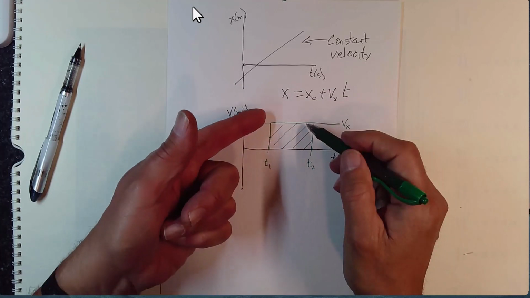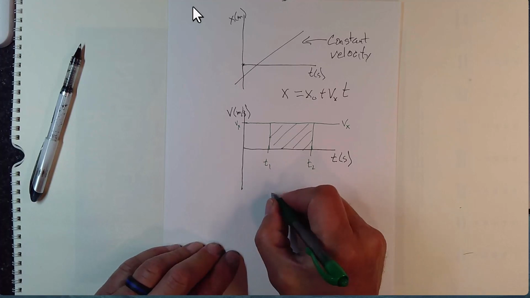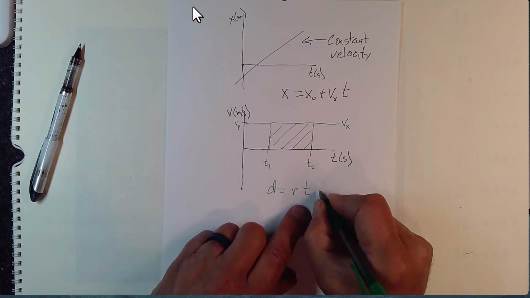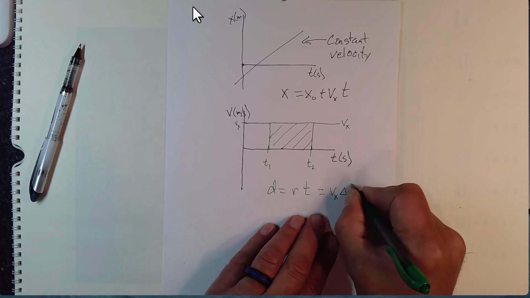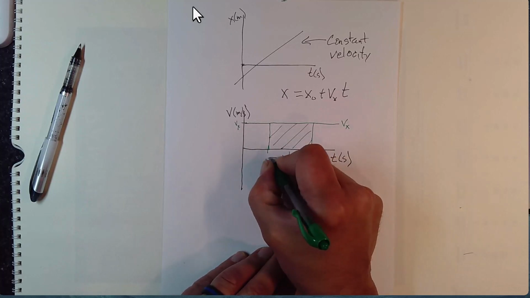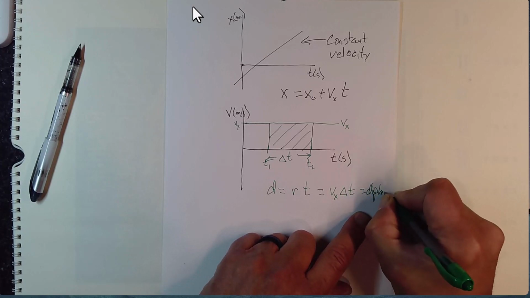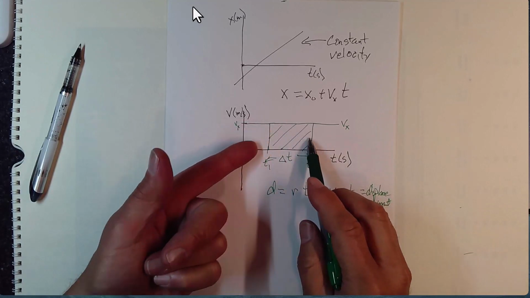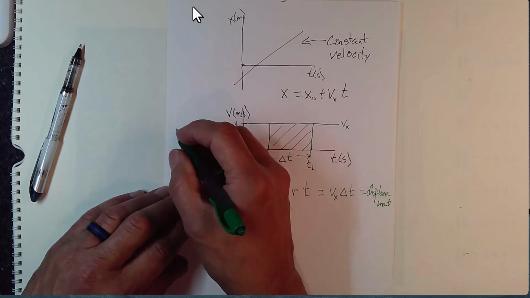But v sub x times delta t is equal to the displacement. And that's basically distance equals rate times time. In this case, we've got v sub x times delta t, and we can just label it as such. That's displacement. That's the area under the v versus t graph. So keep that in mind.